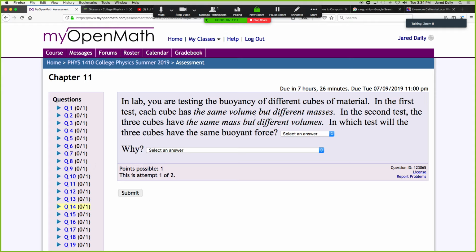Same volume with different masses. Okay, so this one has to do with the definition of the buoyant force. What is the definition of the buoyant force?